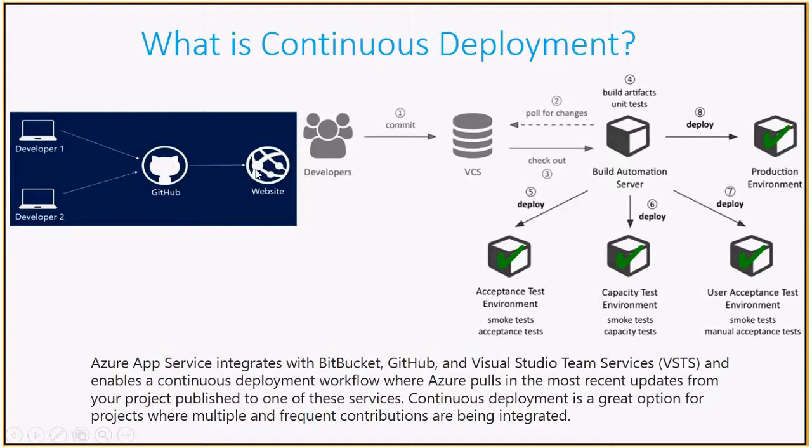Then a successful build will go and sit on your production environment, like it would be hosted on your Azure website or somewhere else. When you do this continuous deployment workflow, your Azure website would pull the stable copy of your application from wherever you have kept it in source control.